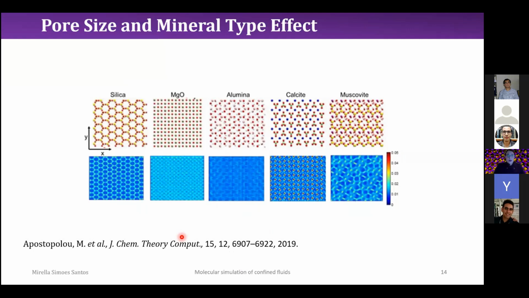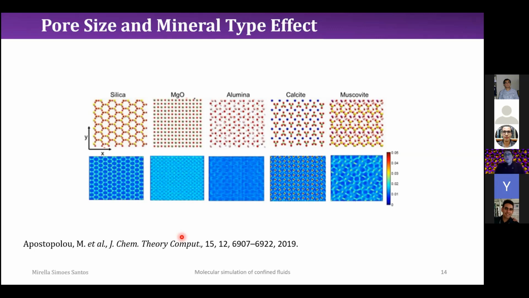And what we saw was that for these conditions, the density, the width of the dense adsorbed layer, and the amount of molecules adsorbed in each one of these layers didn't change as a function of the pore size.